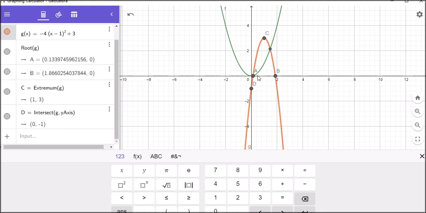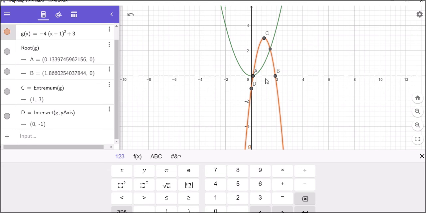They are the roots A and B. A is about 0.1339, and B is about 1.866.